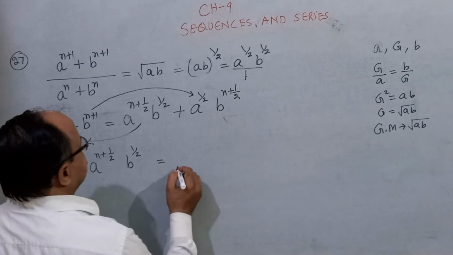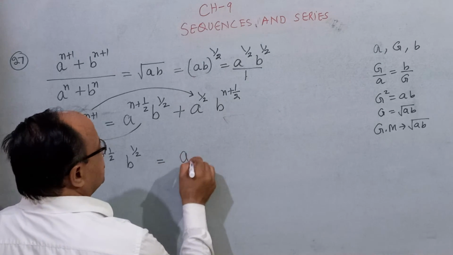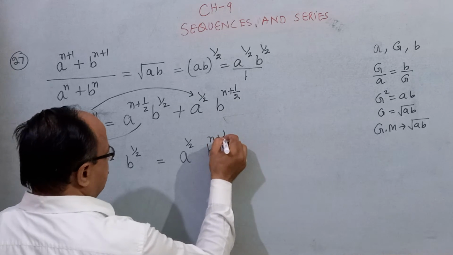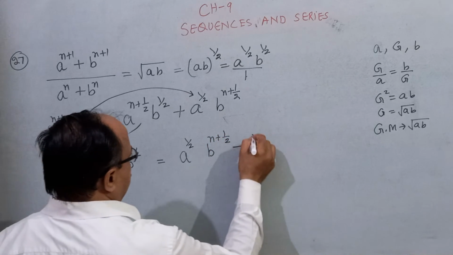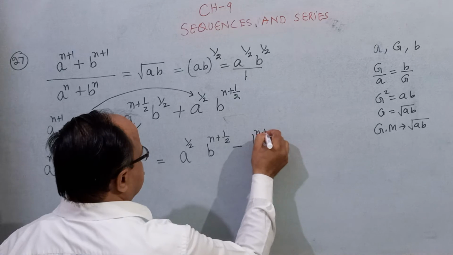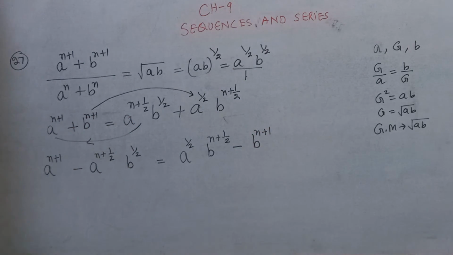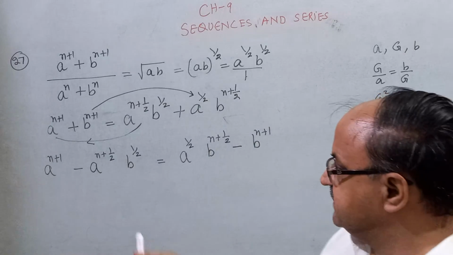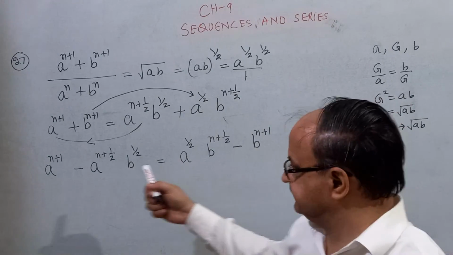Here you can write a to the power half, b to the power n plus 1 by 2 minus b to the power n plus 1. Check this step. Correct? Now we can take common. Can you take common from the left hand side and right hand side?